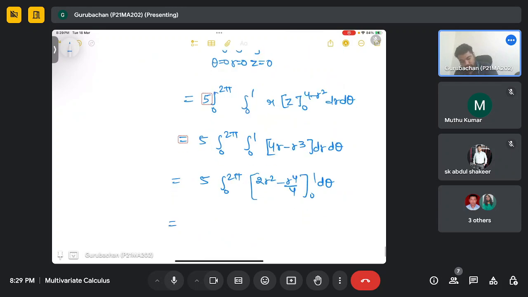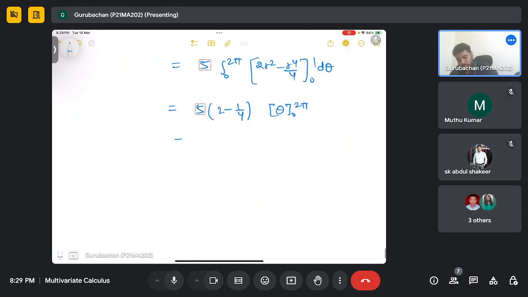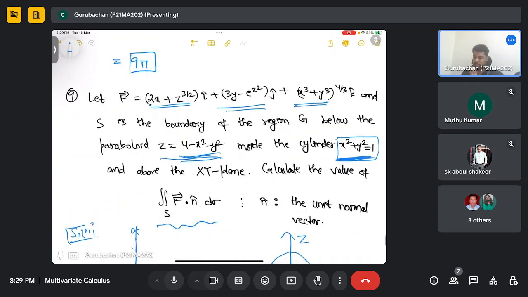So this gives 5 times 2 minus 1 by 4, from 0 to 2 pi. Did we make some mistake? I hope not. So this gives 5 into 7 by 4 into 2 pi, and 5 threes are 35 pi by 2. So I hope you got a glimpse of why the Gauss divergence theorem is important in some particular cases.